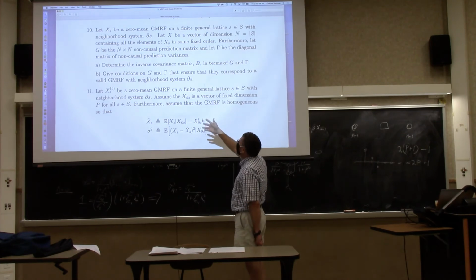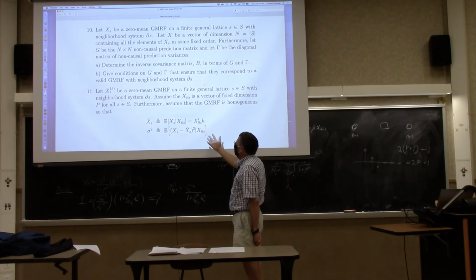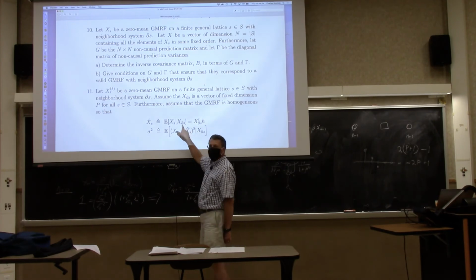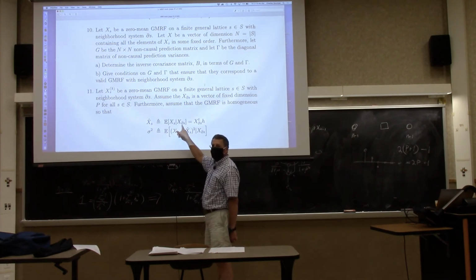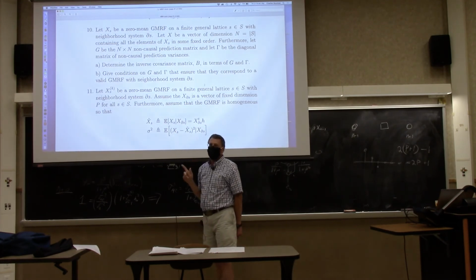here this is sort of a general case of a Markov random field on a lattice. The idea is that these are the neighbors, and we're assuming that each pixel is only dependent upon some number of neighbors, and that the number of neighbors is constant, okay? Because otherwise the notation gets really messy.